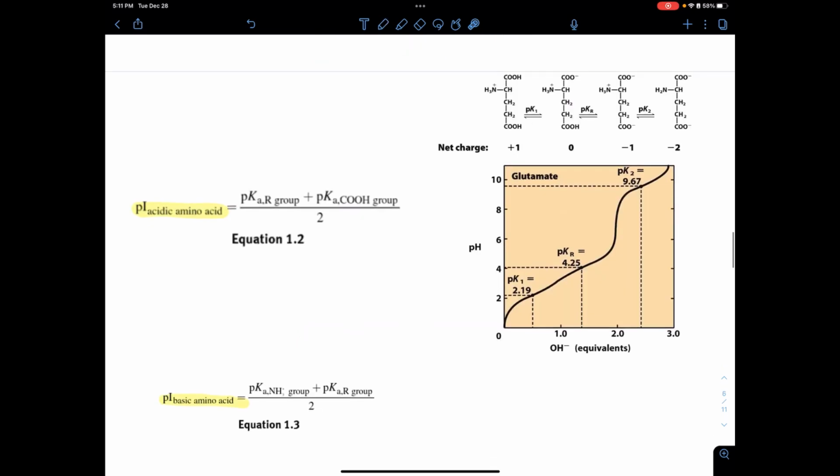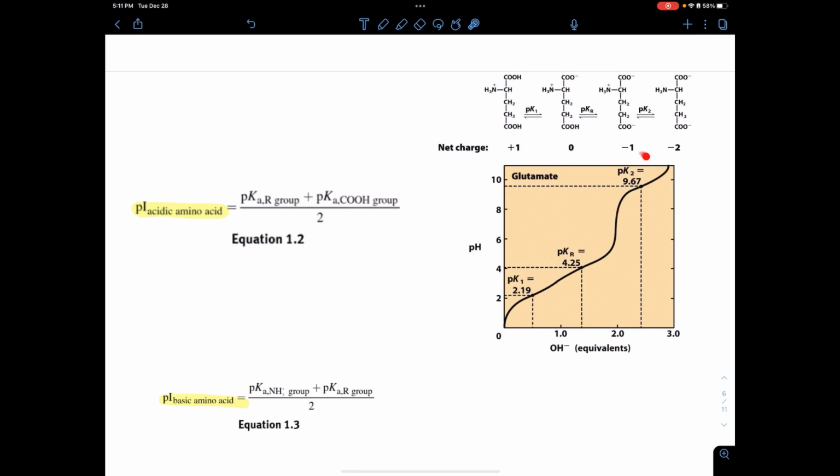Now we're going to talk about the titration of amino acids with charged side chains. That matters because we have a side chain which is involved in the net charge. As you can see in glutamate right here, we have pKa1 at 2.91, and pKa-R, the pKa of the side chain, which is 4.25.